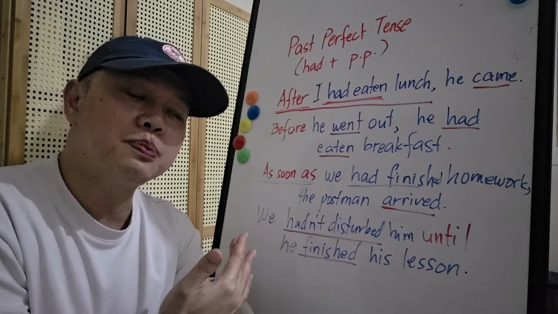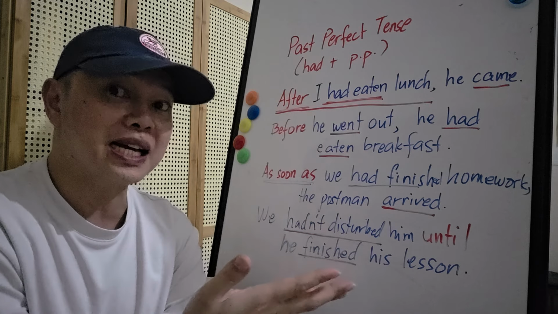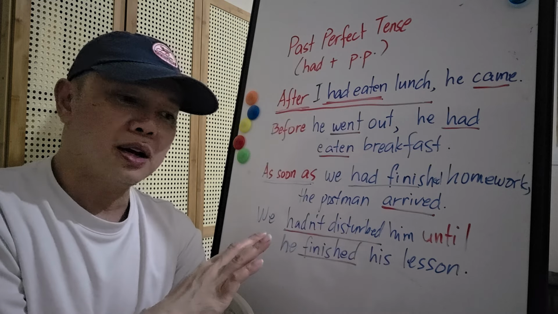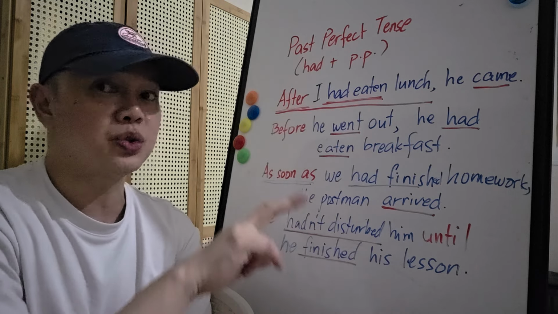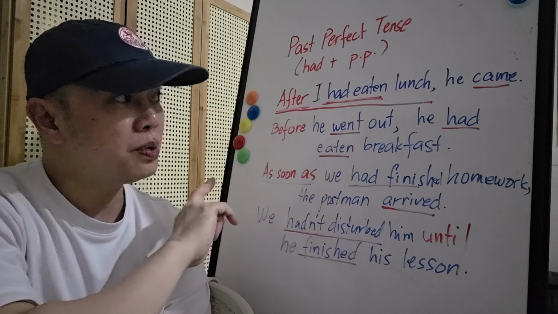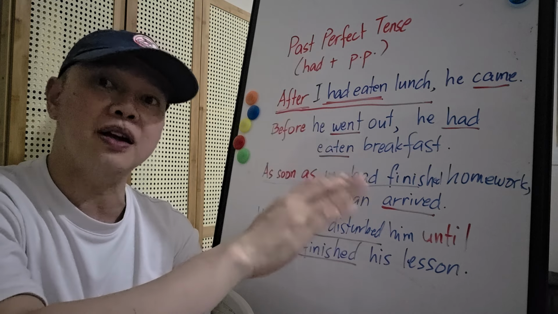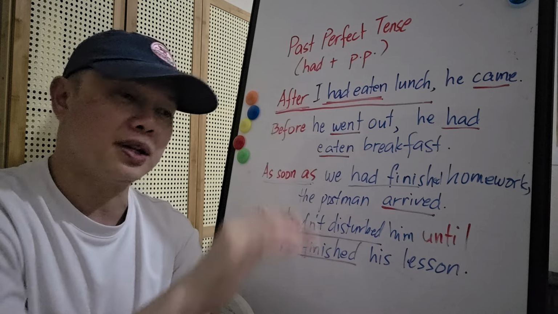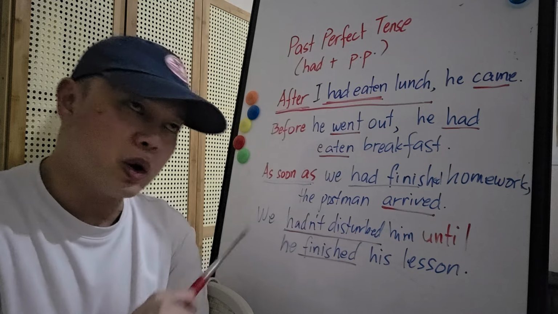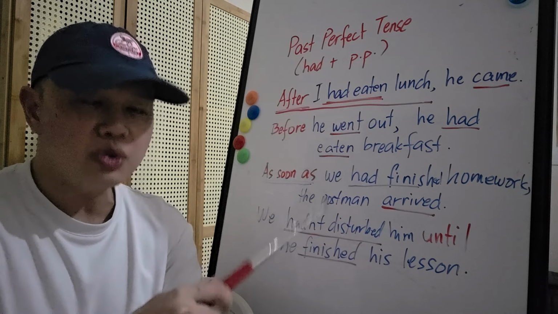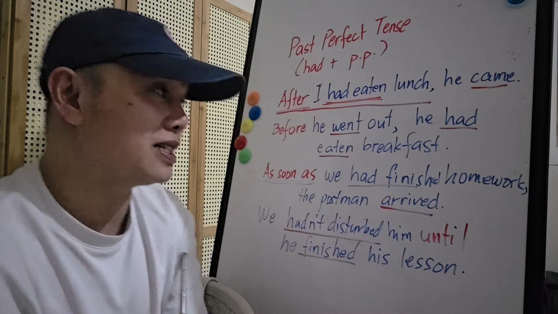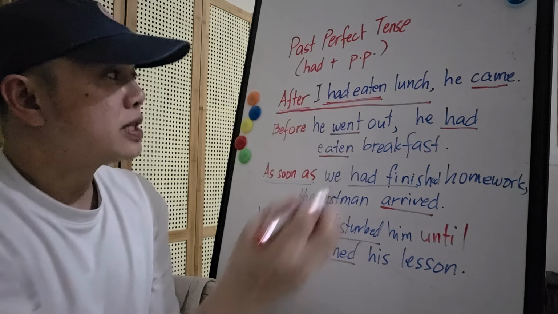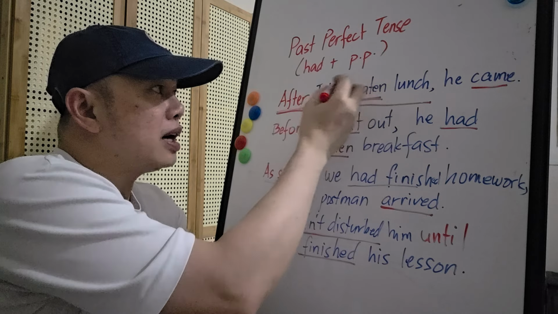If you use the past perfect, then you are emphasizing that this is the first action. If you don't want to use the past perfect, that's okay, because you made the sentence in such a way that they are in order of occurrence. So you can use the simple past in both clauses. Like in this first example, the past perfect is optional here.